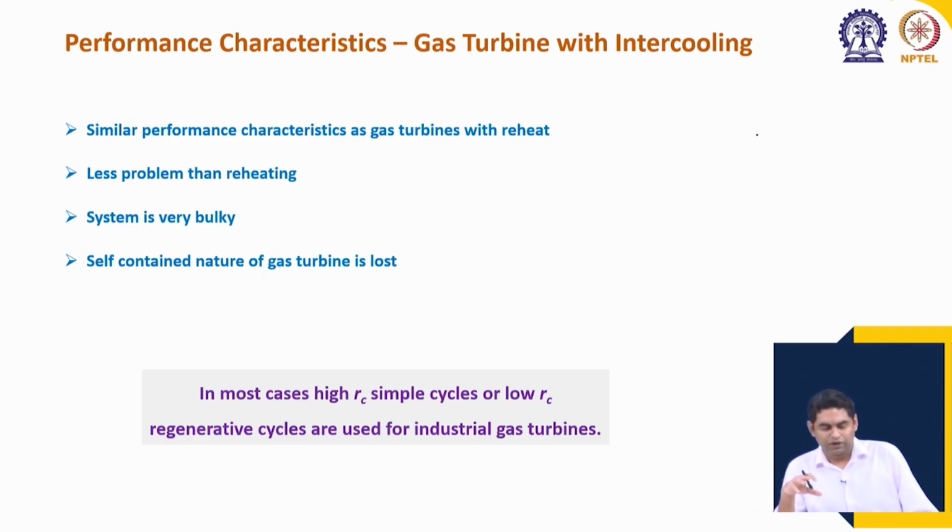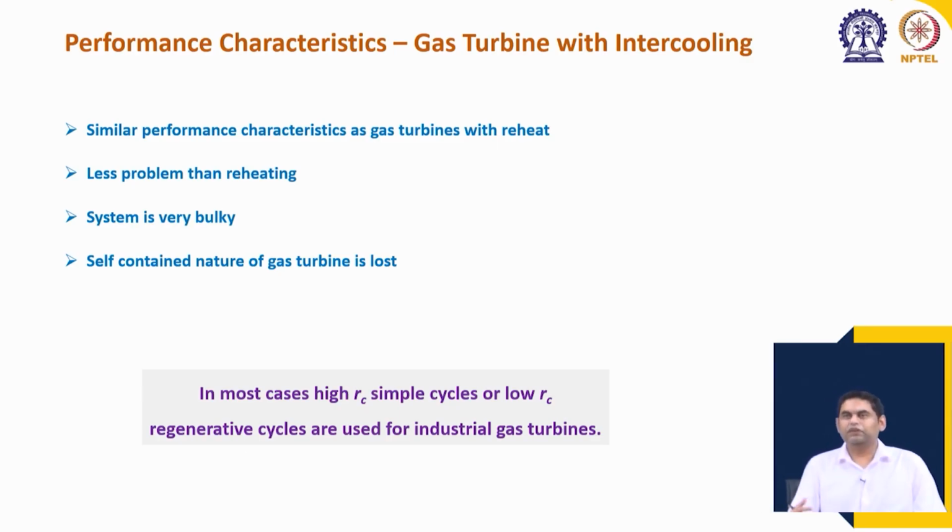So, to summarize this part, although these are all important concepts and have been widely used previously, in modern turbines to get high efficiency either simple cycles with high value of RC are used, and accordingly the optimum RC is chosen for high efficiency and work output, or a low value of RC near the optimum case for regenerative cycles is used.